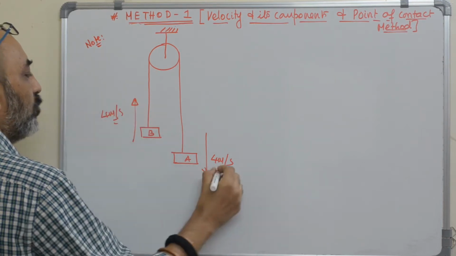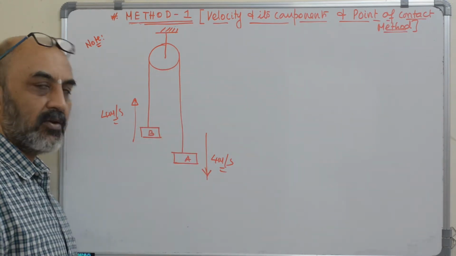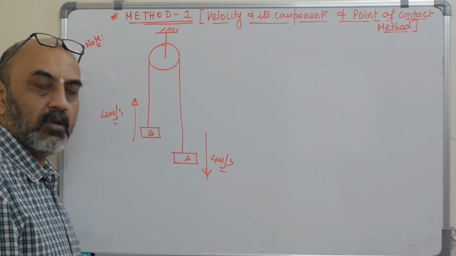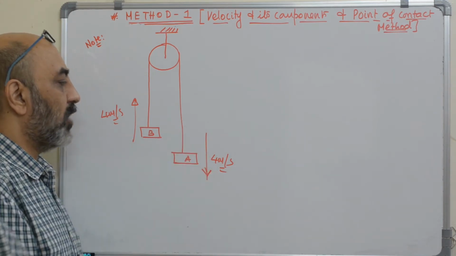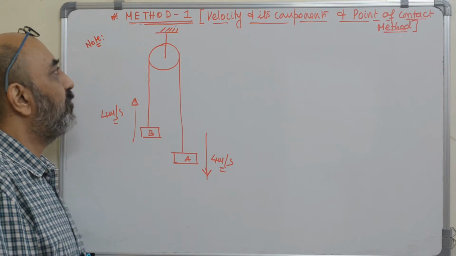So this is a no-brainer. This is simple. There's no issues because the pulley over here is at rest. So there is no question of any discussion. So if the block moves down with a speed of 4 meters per second, the block B is going to move up with a speed of 4 meters per second.